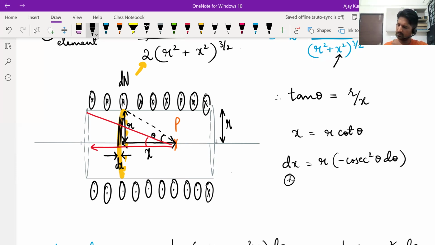But that justifies the minus sign, right? If dx is positive, d theta should be negative. So we have a minus sign here. Is x taken from P to there or there to P? That is what we have to be clear about. Just a moment.